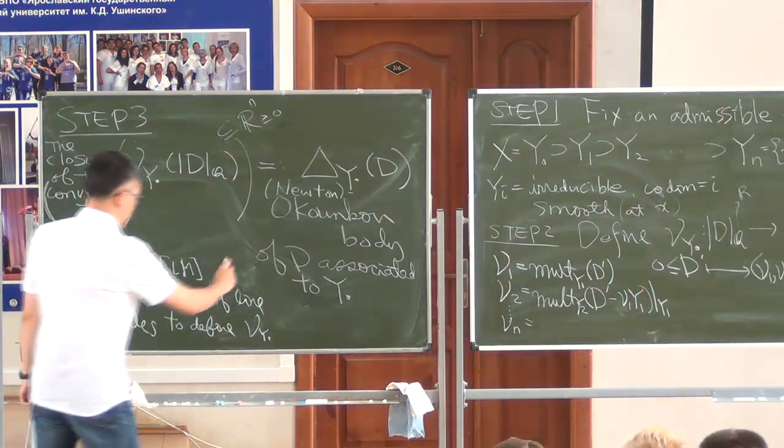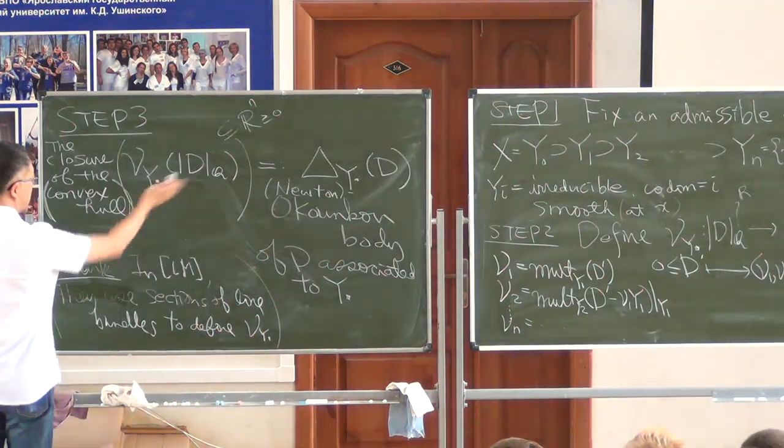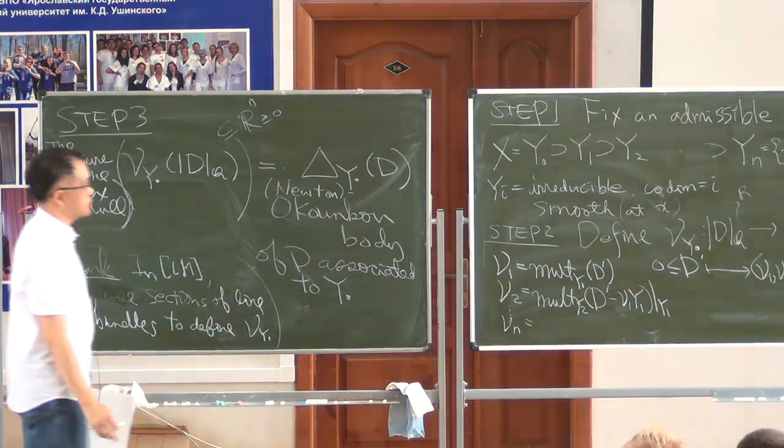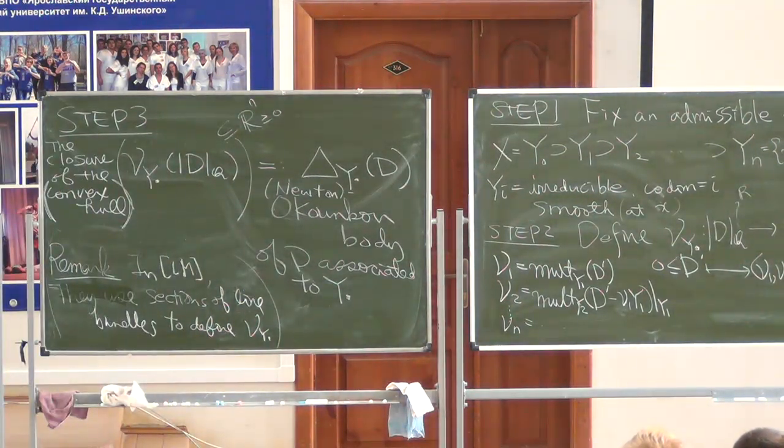But I found that this is the easiest and the quickest way to construct the Okounkov body. Any questions? So far it's very easy.